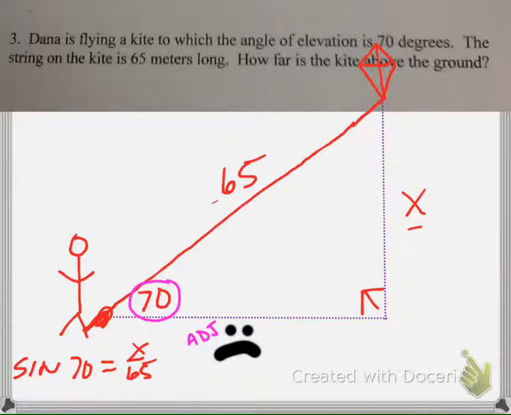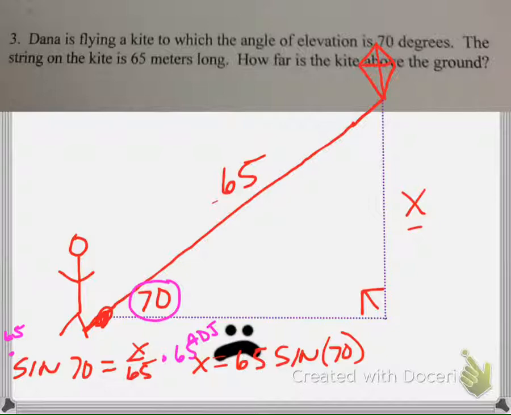We want to get the x by itself. It's x divided by 65, so we multiply by 65. We get x equals 65 sine 70. That becomes a calculator problem, 65 times the sine of 70.